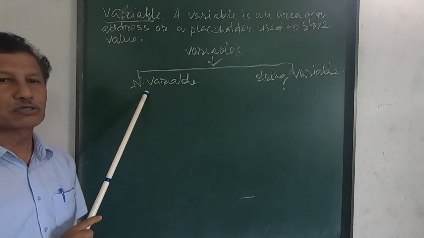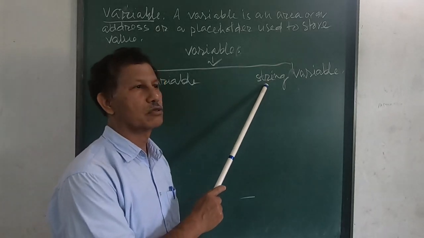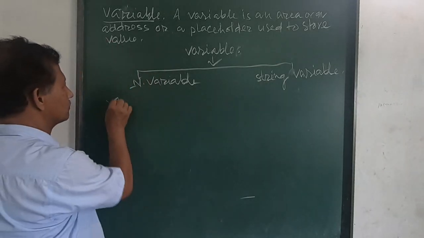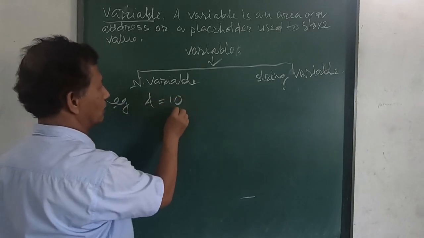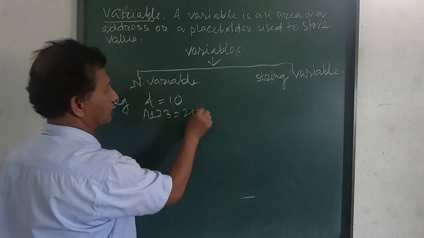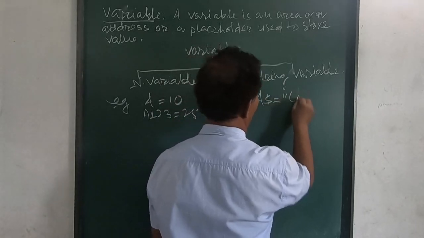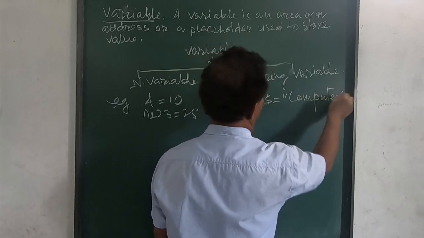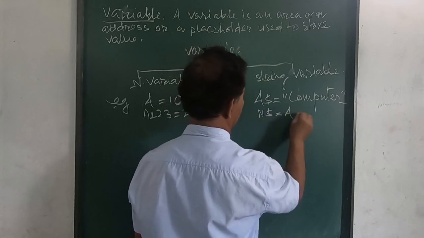Numeric variable is used to store only numbers, whereas string variable is used to store string values. For example, a equal to 10 or a123 equal to, suppose, 25. Example, suppose s$ equal to computer, suppose n$ equal to s$.